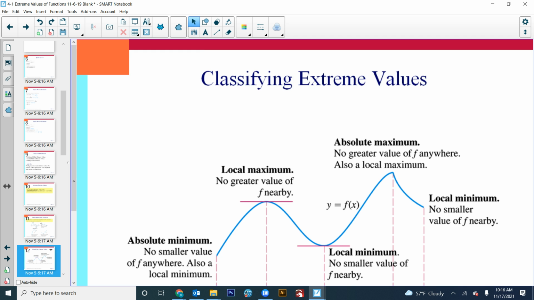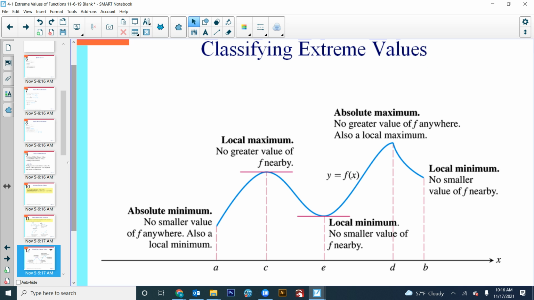Yesterday we kind of covered this. How are we going to classify these? If there's just a high point nearby, local max, local min. These would be what we're going to consider smooth critical points. They could come from where f prime doesn't exist, or a sharp point, or they could come from endpoints.